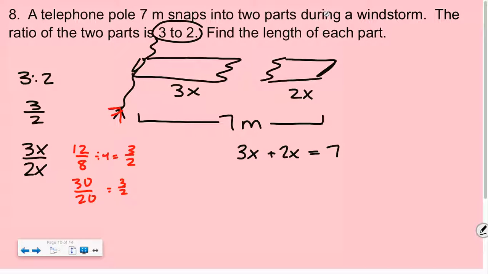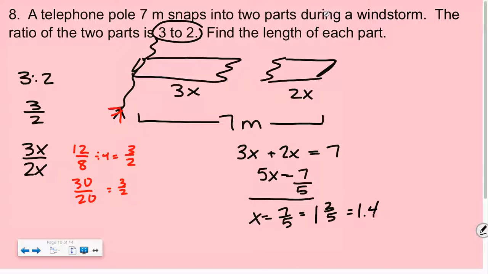Combine like terms and we would get 5x equals 7. Divide by 5. You could leave it as 7/5 if you wanted to. If you like mixed numbers, that'd be 1 2/5. If you like decimals, that'd be 1.4. It's a nice decimal. So that could be any of your x values.